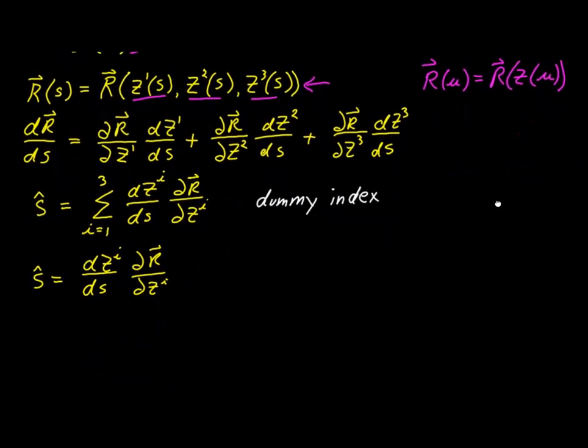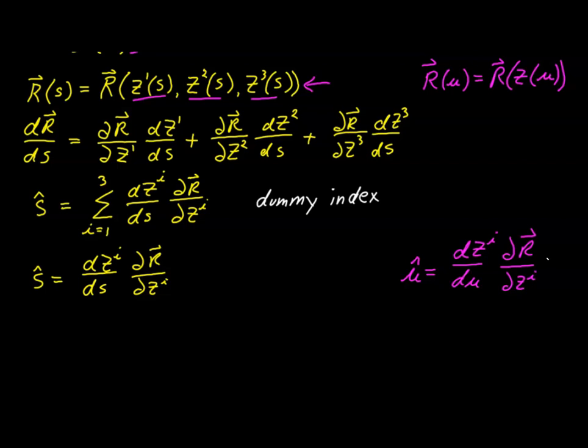And finally, because of Einstein's summation convention, we can now express the relationship of u hat directly by saying that is, first of all, dz^i du times the partial of r with respect to z^i.